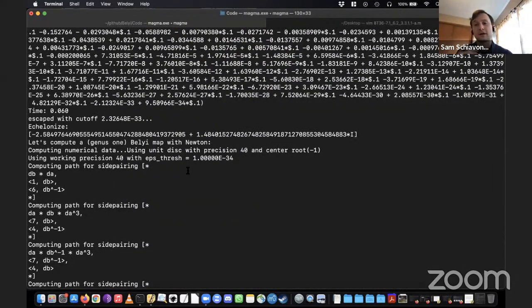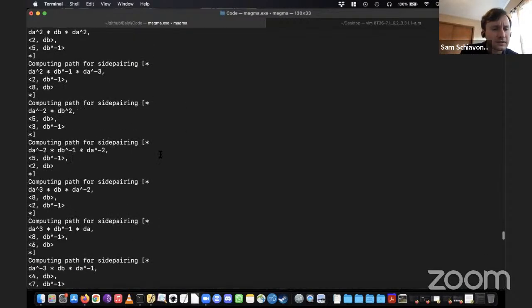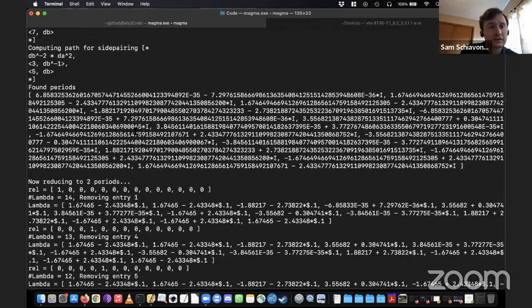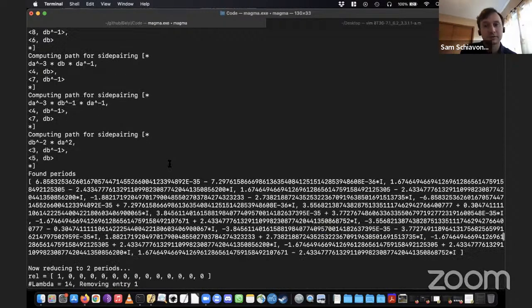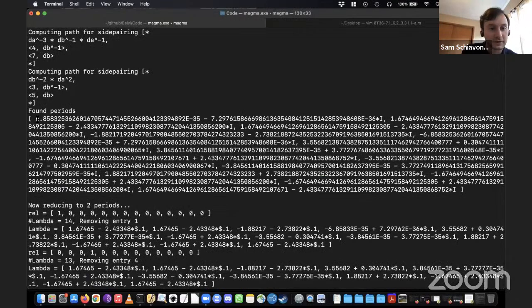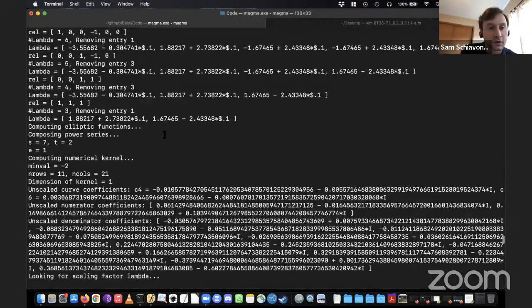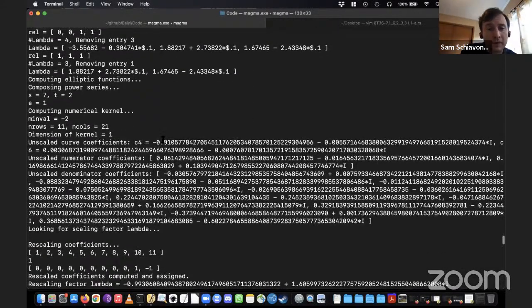So what you do is you write down a power series for the holomorphic differential and then integrate to get the period lattice. Here it's integrating around these various side pairings, and here are the periods that it finds. Now we reduce down to 2 periods, so the period lattice is generated by these 2 complex numbers. And now we write down the numerical approximation for the Belyi map and curve.